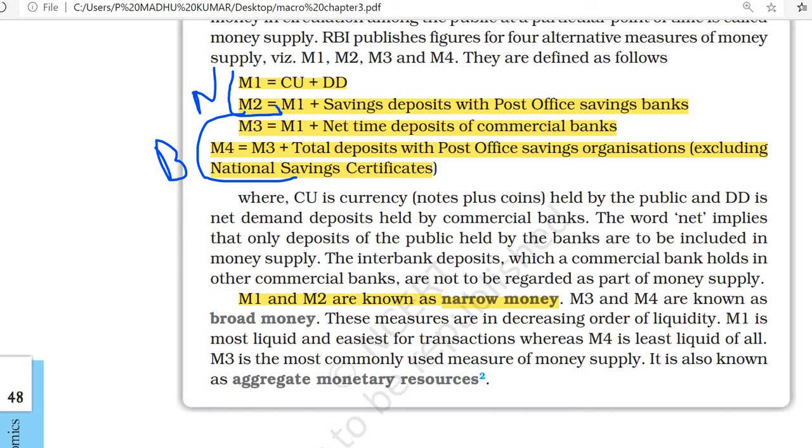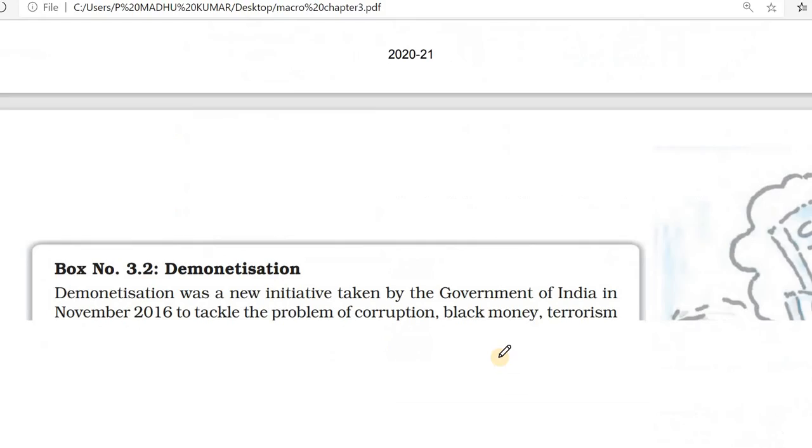That is broad money, the least liquid form. This M3 is the most commonly used measure of money supply. It is also known as aggregate monetary resources.